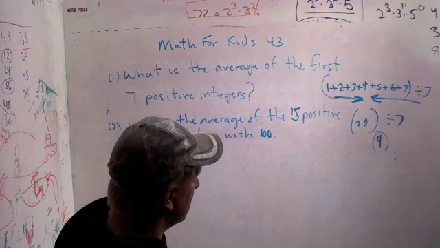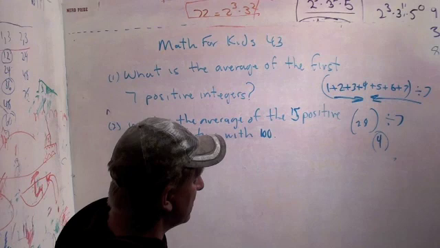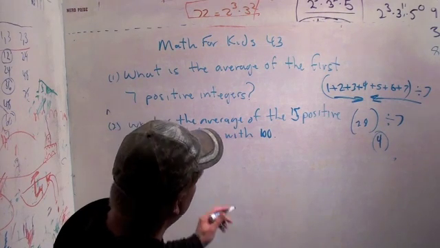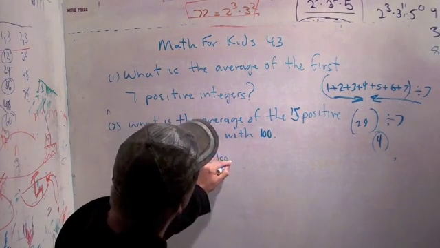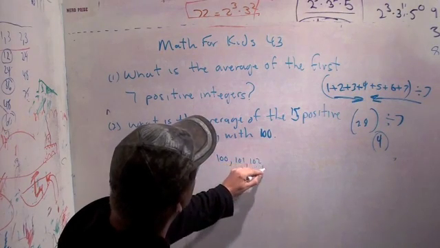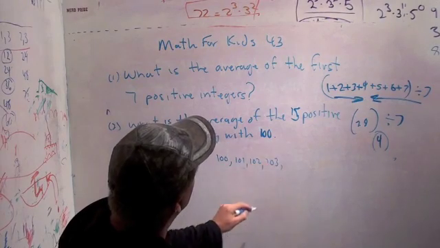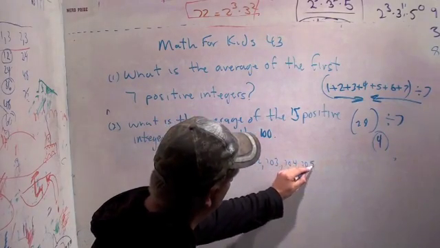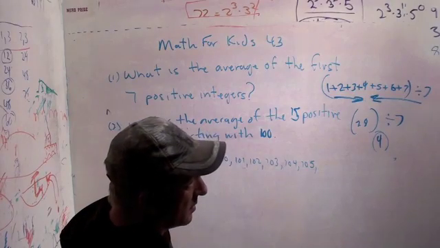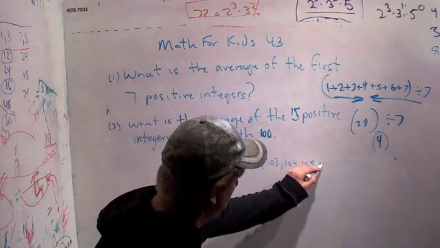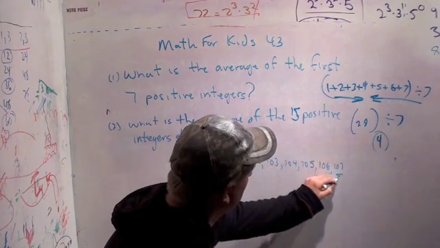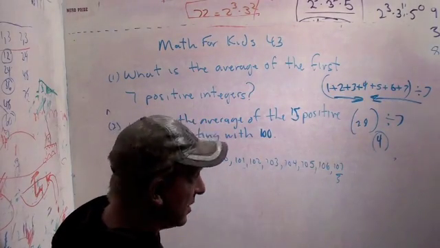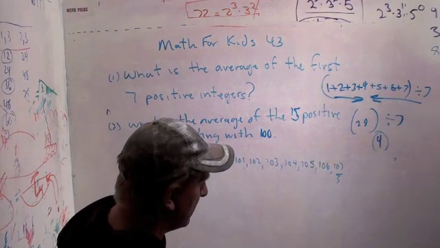You had to go to the 4th. So how many do you think you have to go over to get in the middle of 15 numbers? 8. So 100, 101, 102. What's going to be the 8th number? 107. The average of the 15 positive integers starting with 100 is going to be 107 for the exact same reason we just talked about. Awesome.